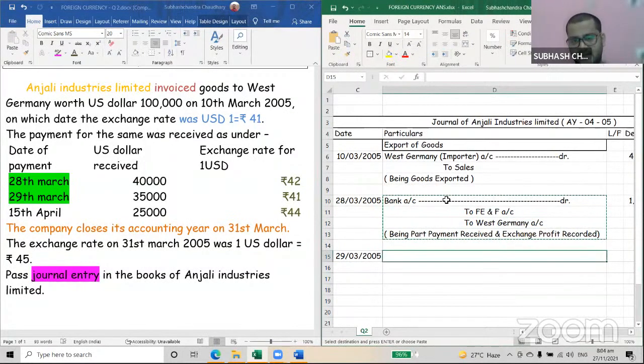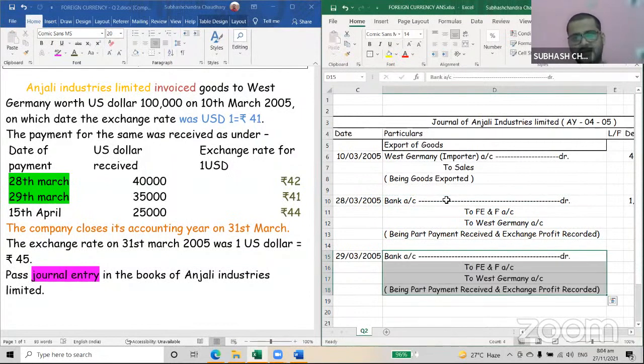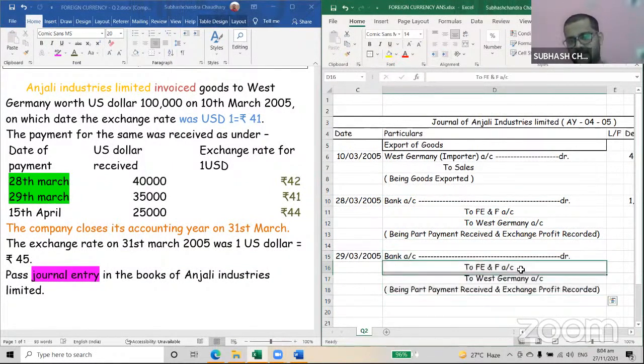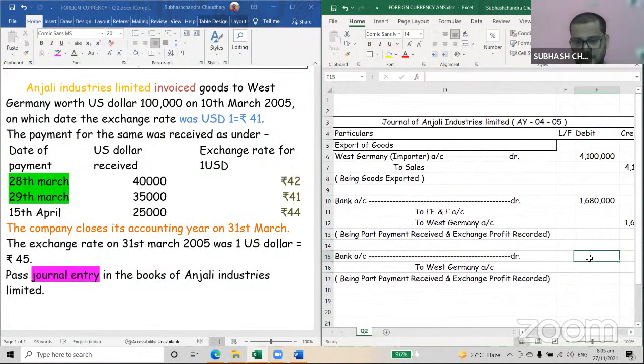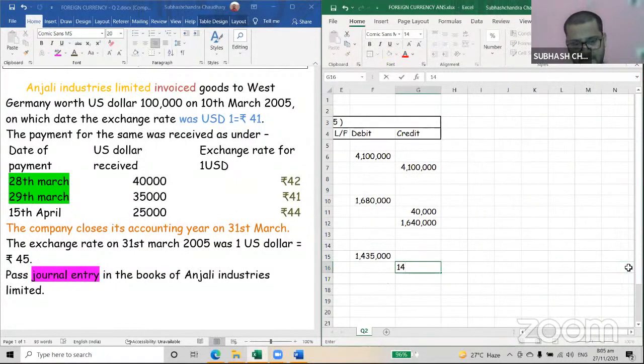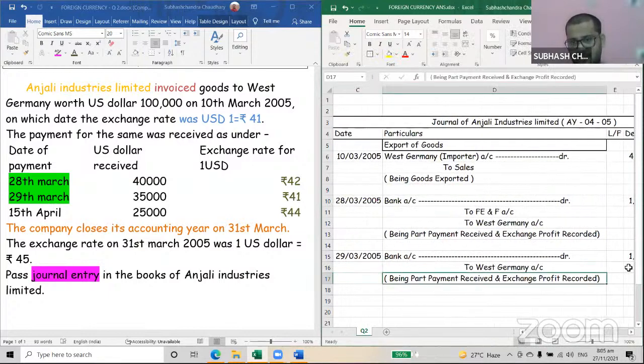And see here, in case of $35,000, it's 41 only. So there will be no FEF account, because 41, it's clear. So 35,000 multiplied by 41, 14 lakh 35,000. Now there will be no such profit.